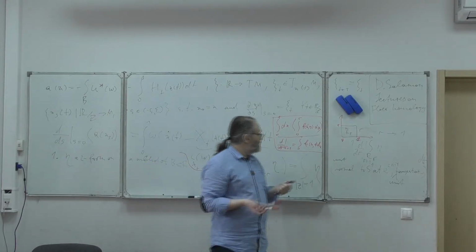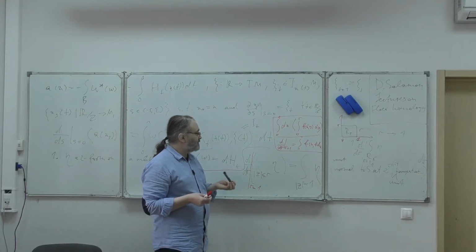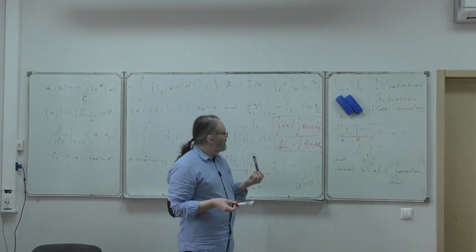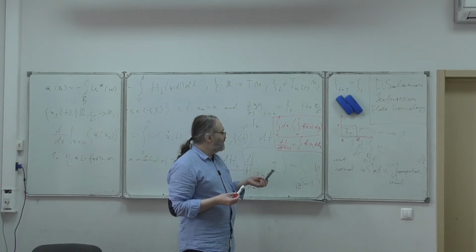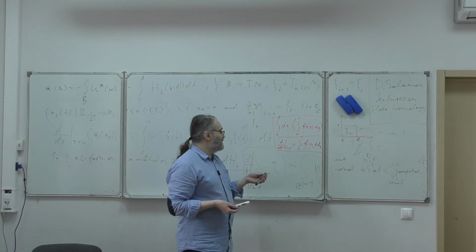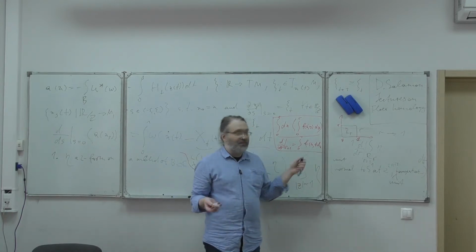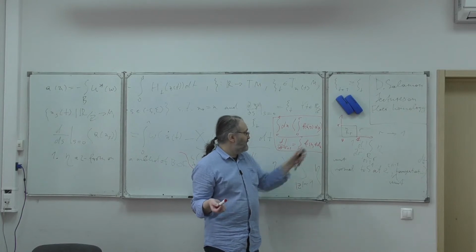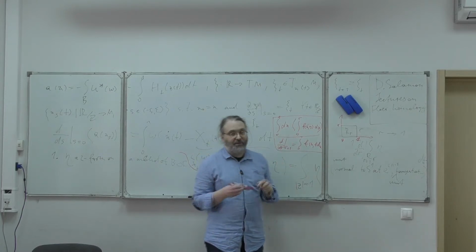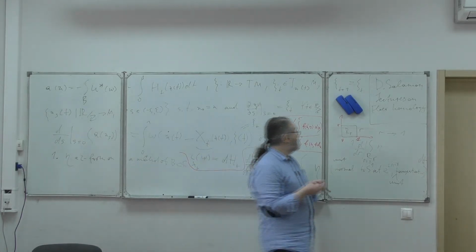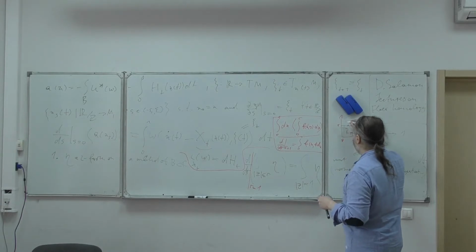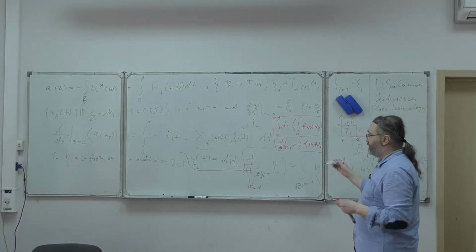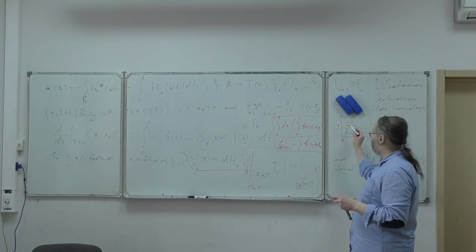Okay, so now, well, here, what is f of x, 1? Well, one could say this is the value of the form that we integrate, at the point t, on the two basis vectors.